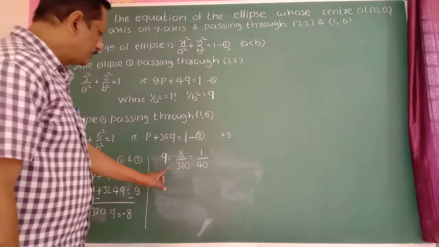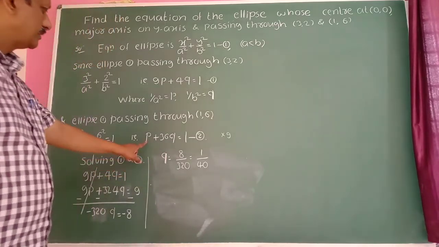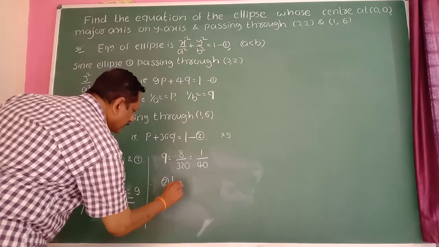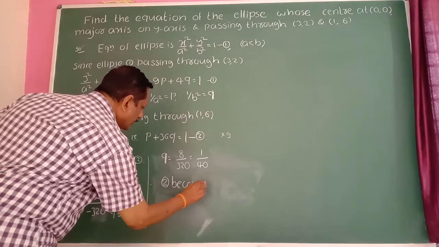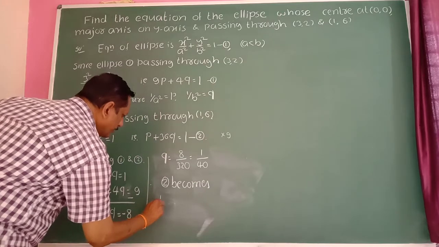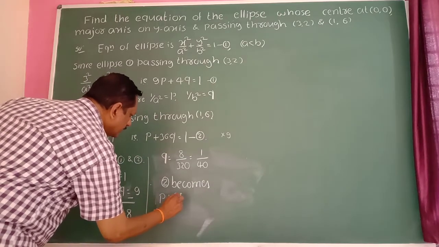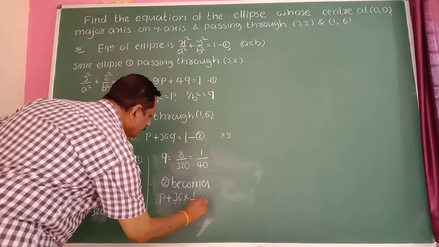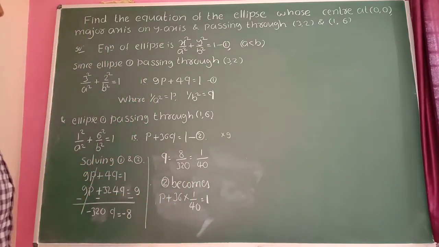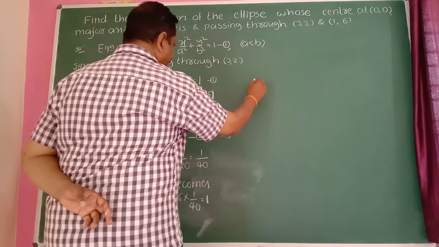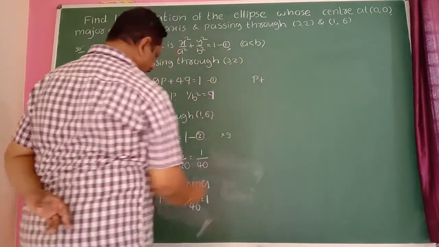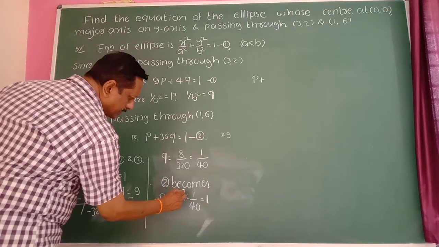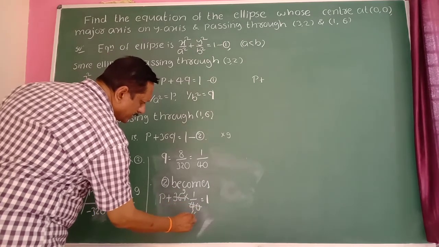Then use q is equal to 1 by 40 in equation 2. Therefore, equation 2 becomes p plus 36 into 1 divided by 40 is equal to 1. Then we can simplify: 4 9s are 36, 4 10s are 40.